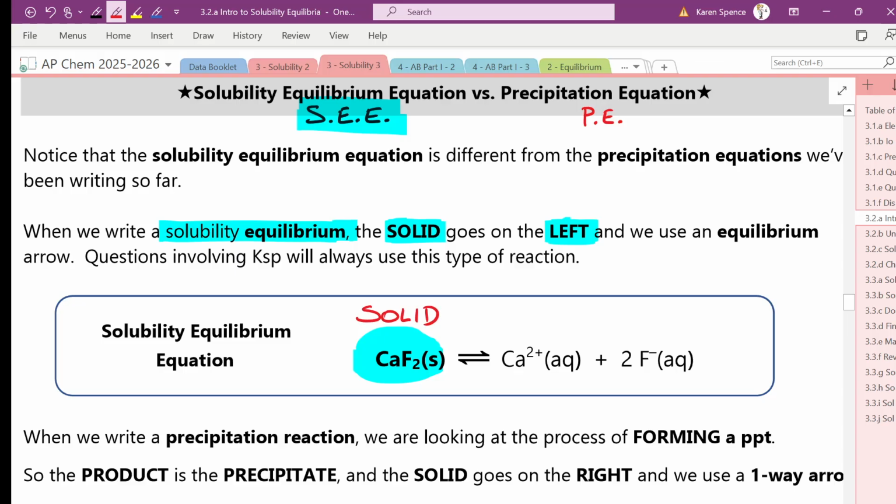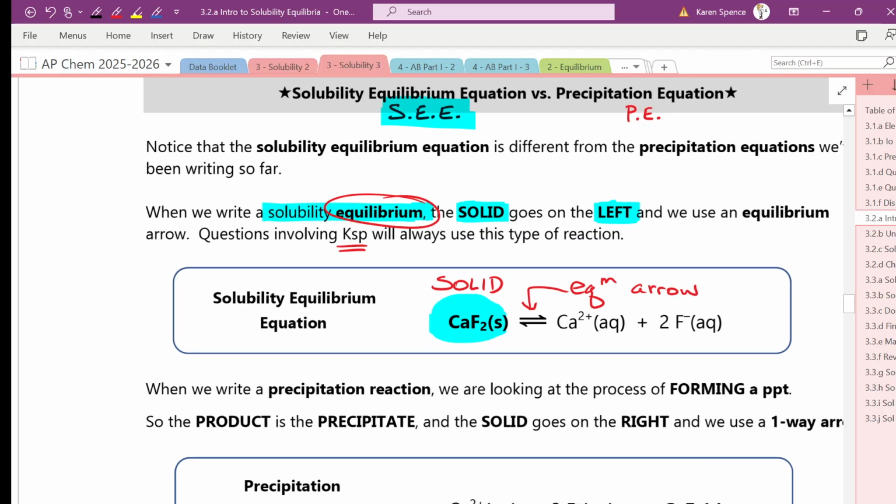And because this is what we're using for a K, and because it is an equilibrium, what kind of arrow do we use? Equilibrium arrow. Okay, so this is our S.E.E., solubility equilibrium equation. And this is used for Ksp.